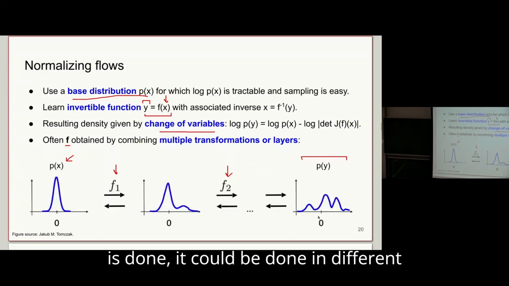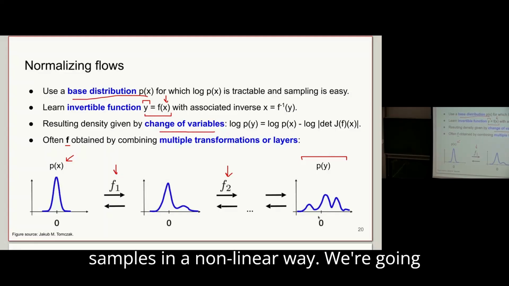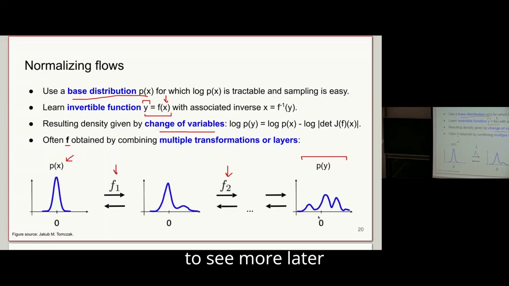How this is done could be done in different ways. We don't really care a lot, but they're going to transform the samples in a nonlinear way. We're going to see more later on this and tomorrow on how to do this in practice.